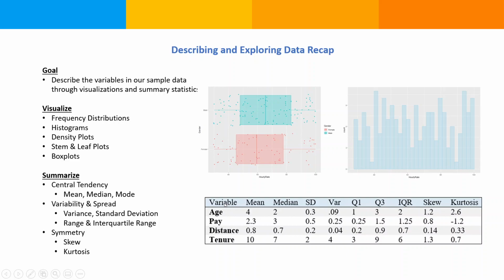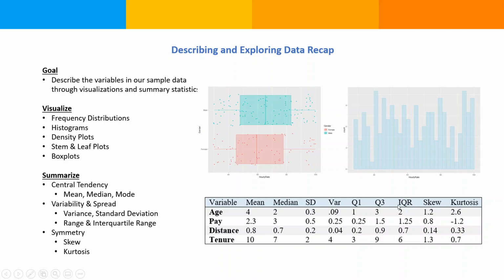And so as an example, I included a table that would list just the descriptive statistics, the summary statistics, for some imaginary variables. And this might be a list of the things you might want to look at. So for each of these variables, age, pay, distance, and tenure, we might want to know what the mean, the median, the standard deviation, the variance, Q1, Q3, IQR, skew, and kurtosis are, right?